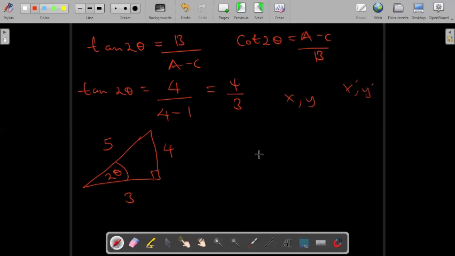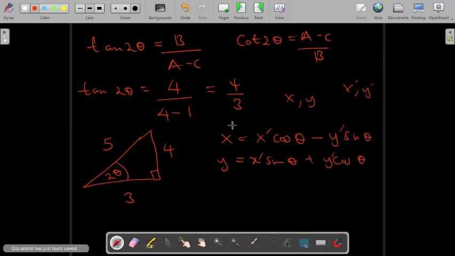The formulas you use to move from X, Y coordinates to X prime, Y prime coordinates are: X is given by x prime cos theta minus y prime sine theta. Then your y is given by x prime sine theta plus y prime cos theta. So this is how you're going to transform.